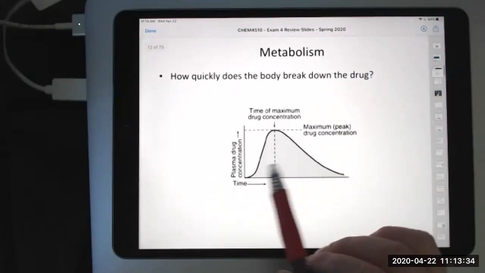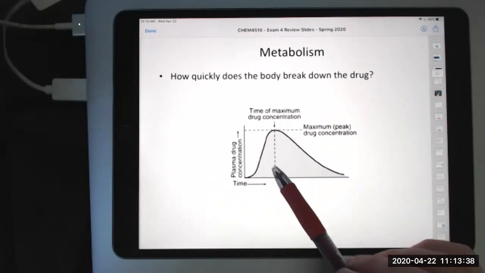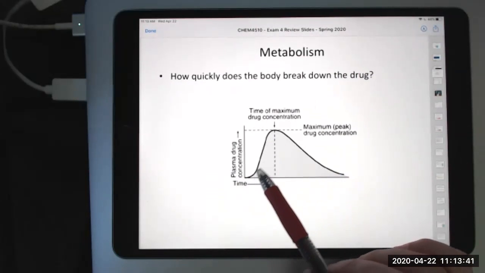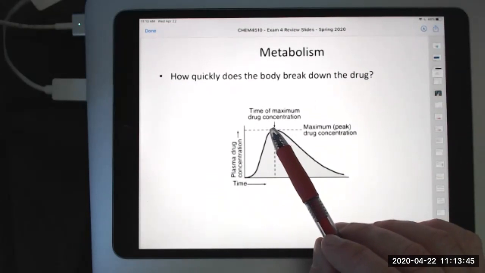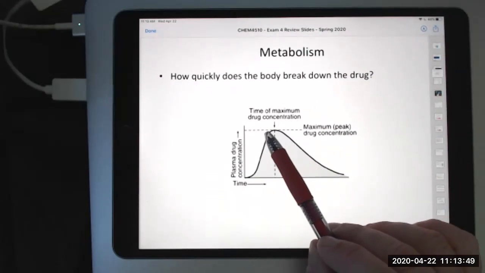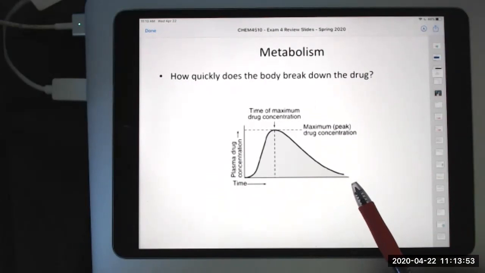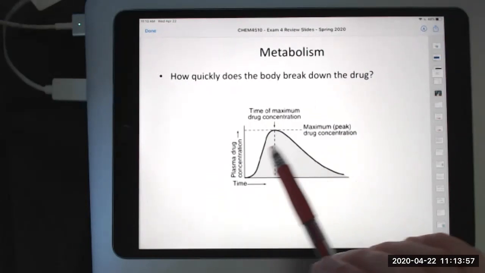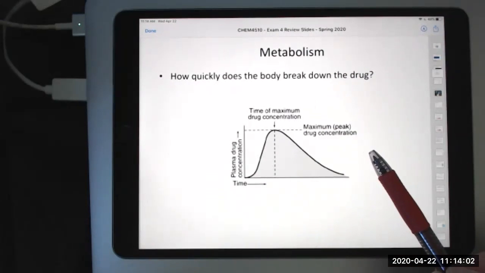How quickly it breaks down is going to be really important, right? Because after you take the pill, you're going to get this rise in concentration within the blood plasma, and then your body's going to slowly degrade it.